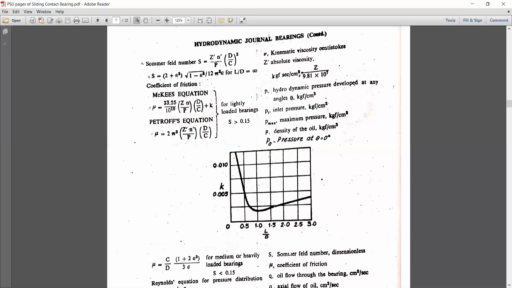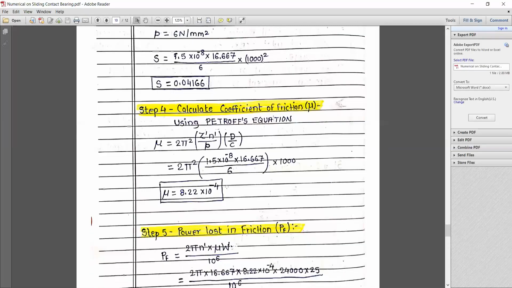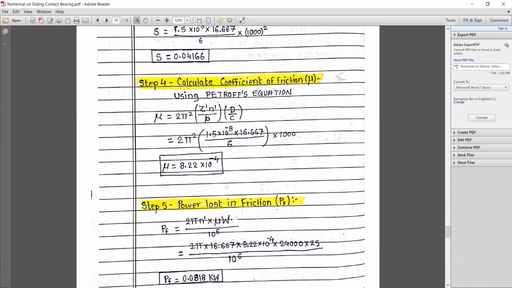All values are with us, so it is very easy to calculate the value of mu. Putting the value of z dash n dash, bearing pressure, diameter and diametric clearance, we get the value of mu equal to 8.22 into 10 raised to minus 4.